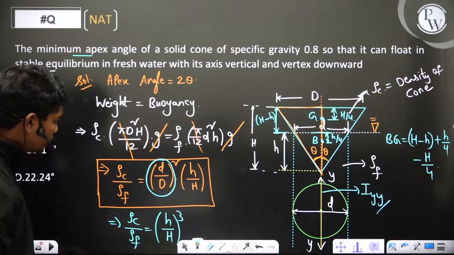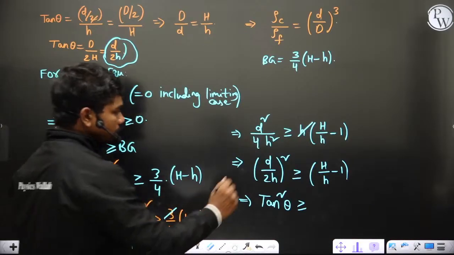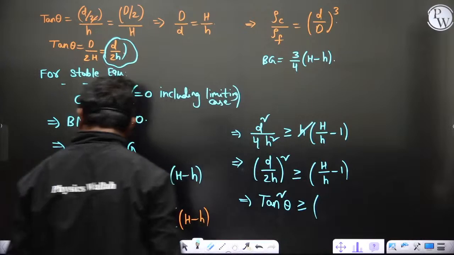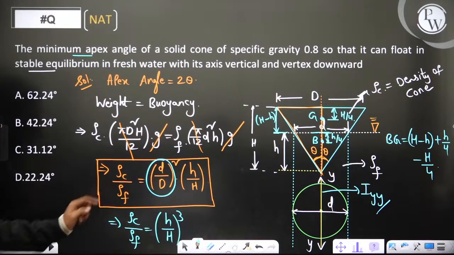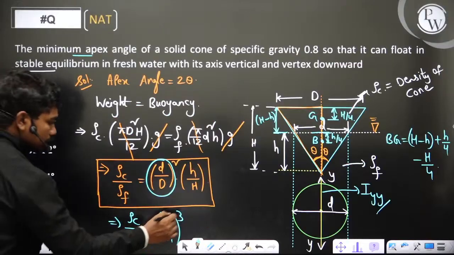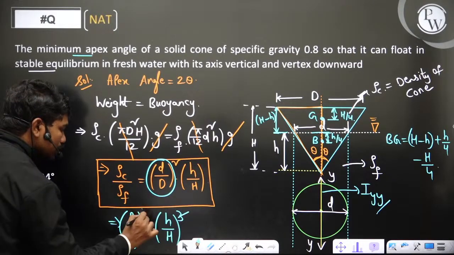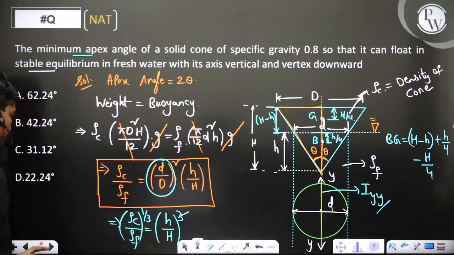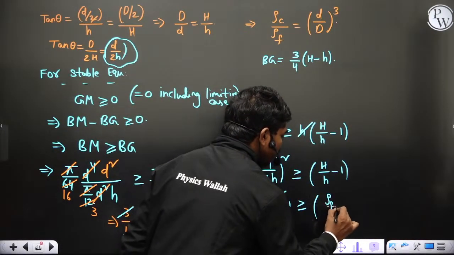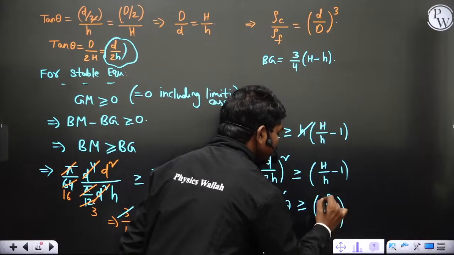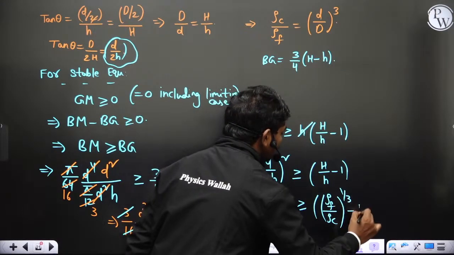Now if you use this equation here, this capital H by small h is nothing but 1 by specific gravity whole power 1 by 3. Because this 3 if you delete here, this comes out to be 1 by 3 here. So capital H by h is nothing but density of the fluid by density of the cone whole power 1 by 3, minus 1 actually here.